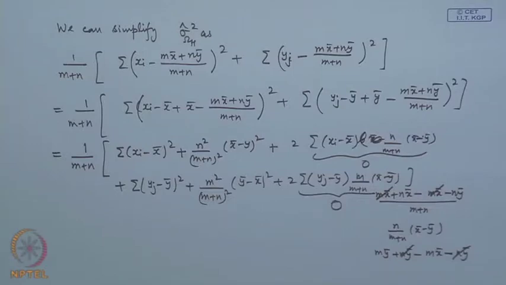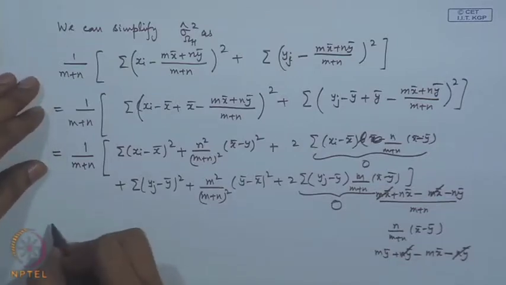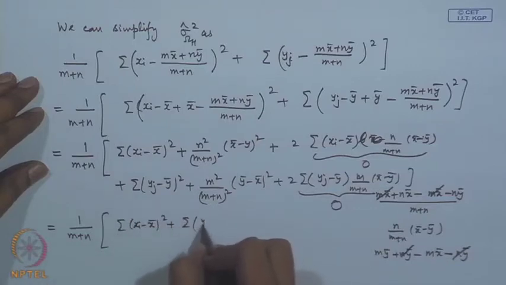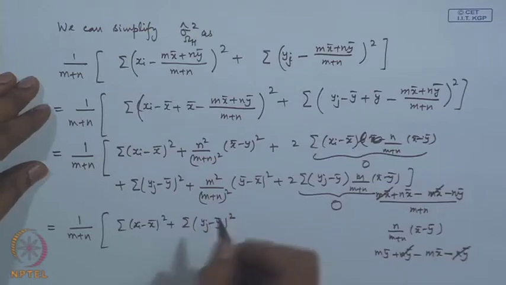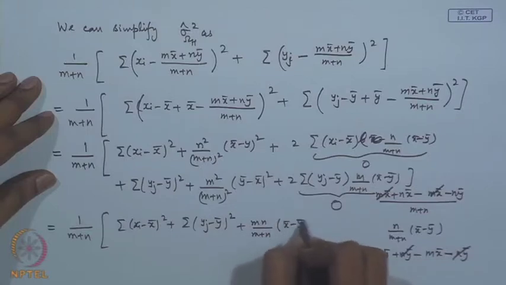Now, the term that is remaining, I can simplify this. I can write it as 1 by m plus n sigma x i minus x bar whole square plus sigma y j minus y bar whole square plus m n by m plus n x bar minus y bar whole square.